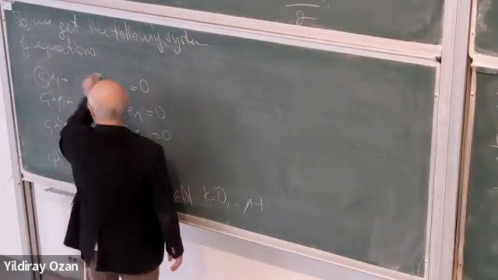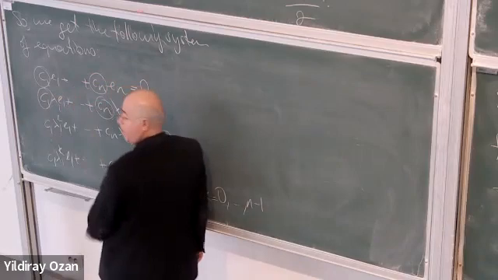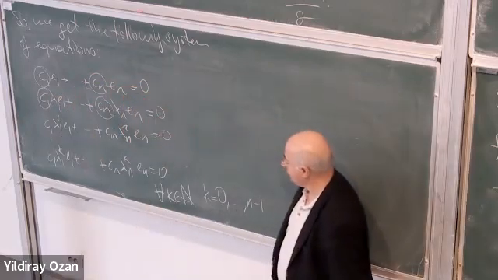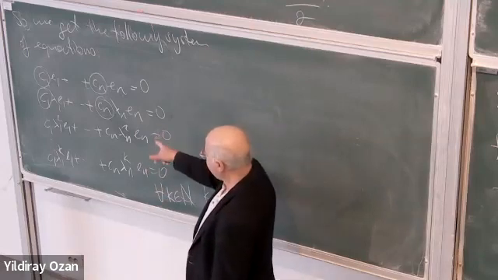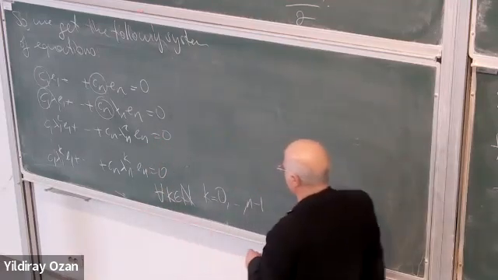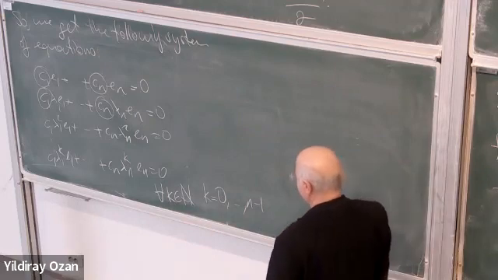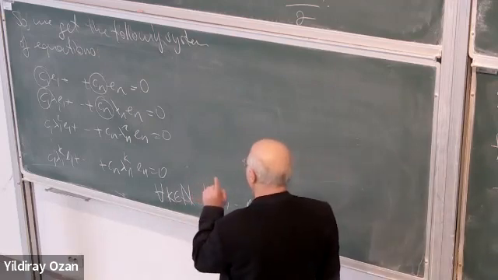These are my unknowns, C1 up to Cn. So I have n equations and n unknowns. Okay, so let me write it this way.